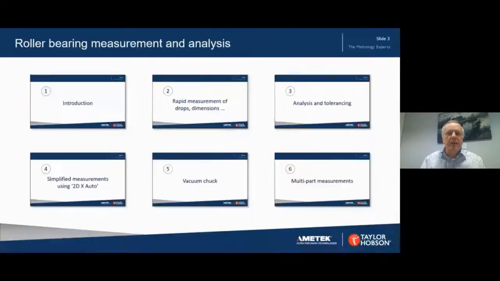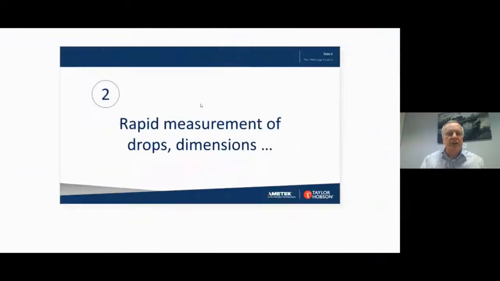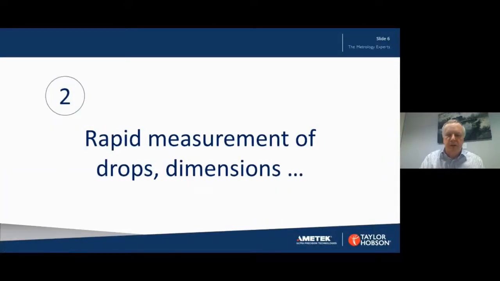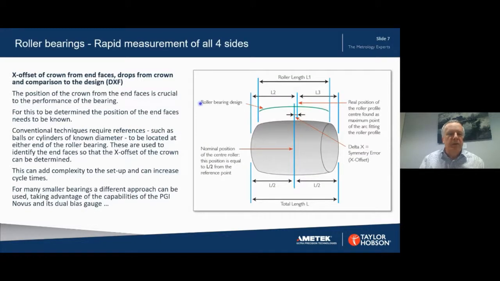So let's move on to have a look at the new method of measuring drops and dimensions. Using this new method, we're trying to find the X offset of the crown from the end faces and compare this to the DXF or the design. The position of the crown from the end faces is crucial, as we've just seen, for the performance of the bearing.